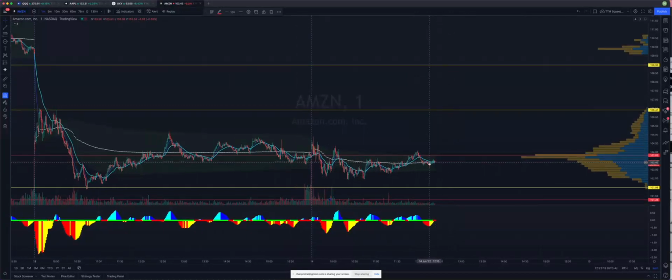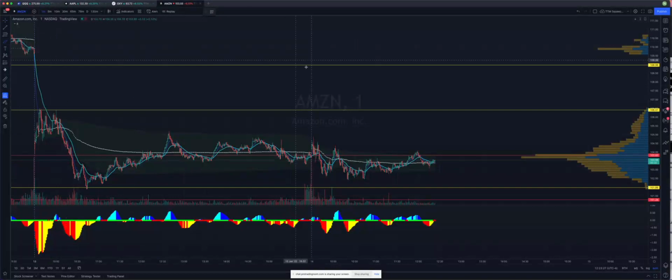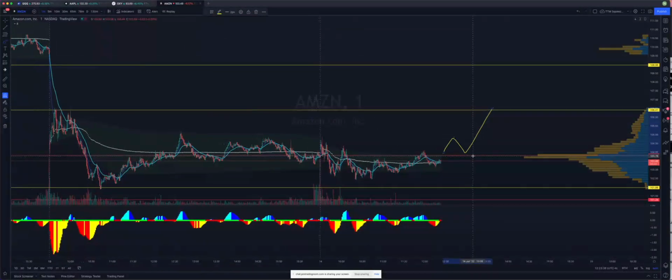But if we got some buying coming in and we pushed up, let's see here, highlighter, brush, maybe brush. If we broke up above that level and retested it and went again, we would potentially see some resistance at this value area high.